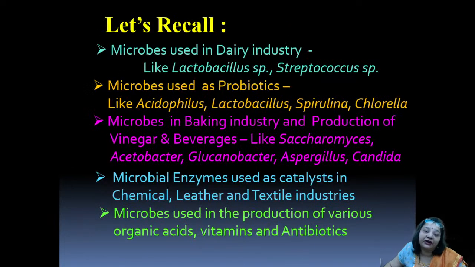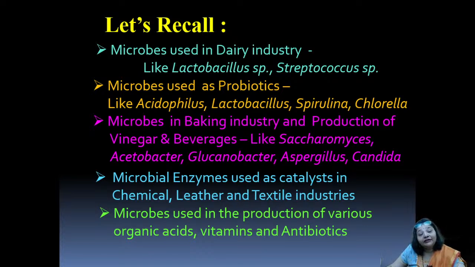Let us just have a recall. Let's recall the last session, where we saw microbes used in the dairy industry, like Lactobacillus species and Streptococcus species. We also saw microbes used as probiotics, like Acidophilus, Lactobacillus, Spirulina, Chlorella species and all.